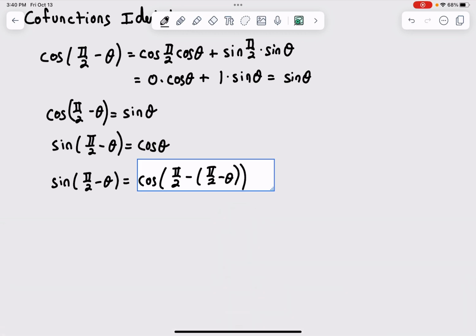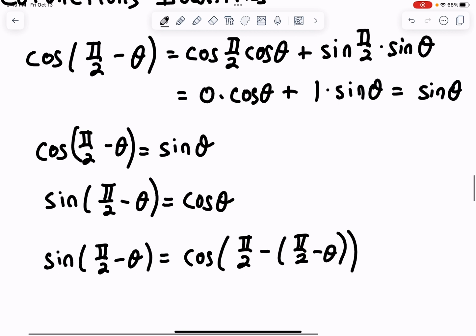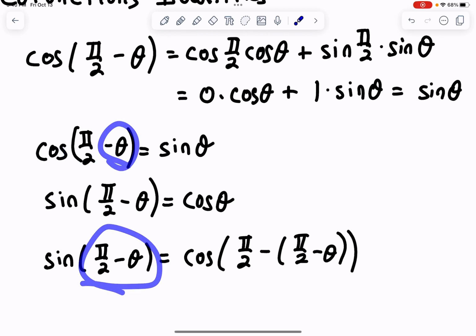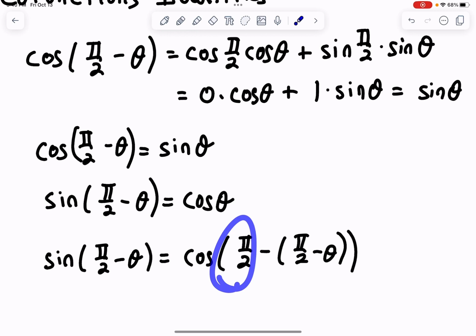Just so it's clear, you can follow it, I've done sine of something. So I'm using this identity and say, well, that something is pi over 2 minus that something. So sine of that is cosine of pi over 2 minus that something.